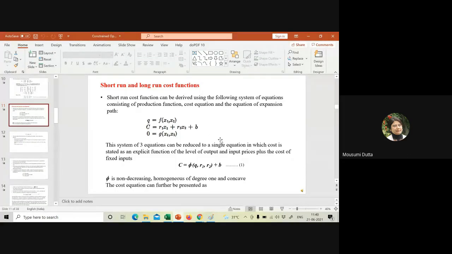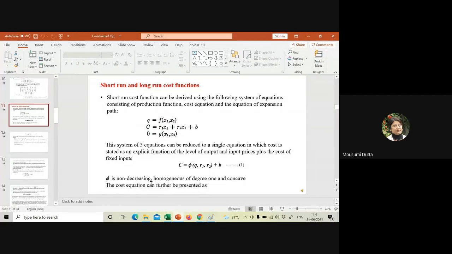So Q appears as a parameter. R1, R2 and Q are the three parameters of the model. Solving the three equations, we can finally write the cost equation as a function of Q, R1, R2. Remember, in the cost minimization problem, output is a constraint.